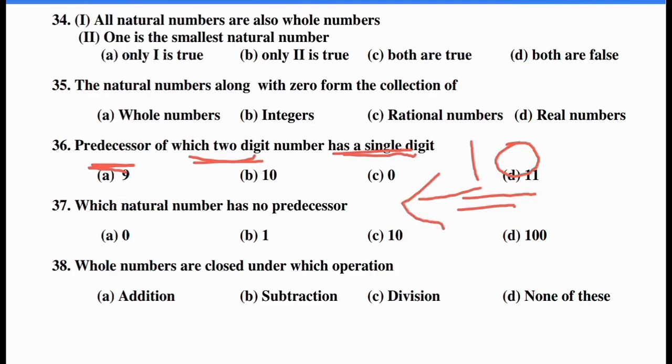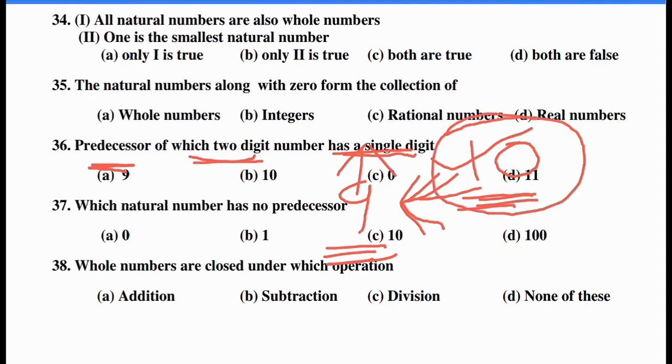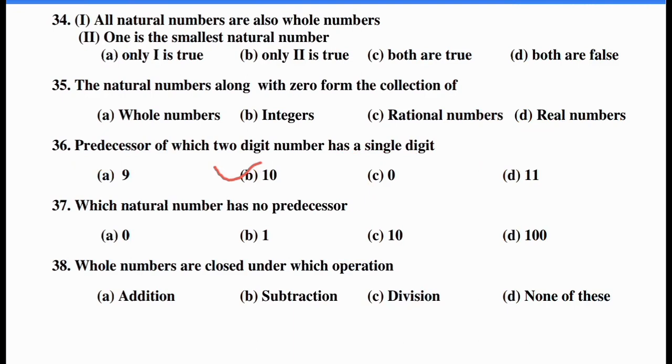Predecessor of this two-digit number 10 is 9, which is a single digit number, right? So this number is 10 whose predecessor is of single digit. So answer is 10. First of all, you need to understand the question, then after give the answer. Okay.